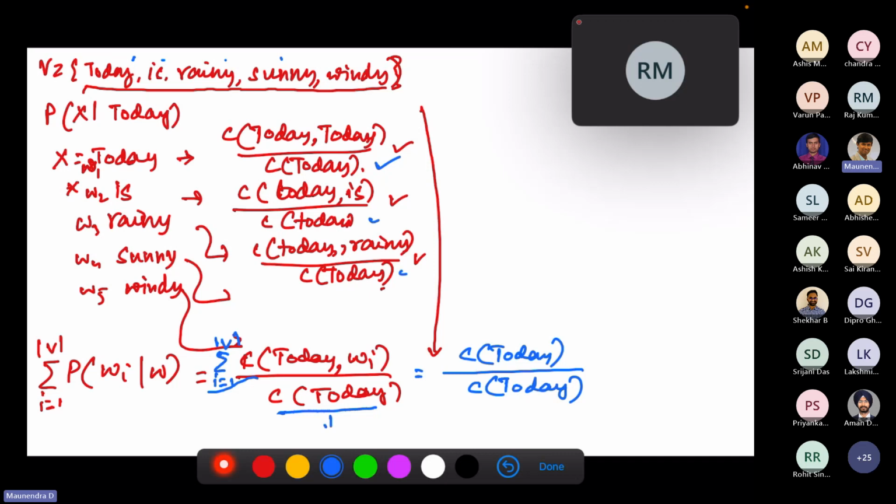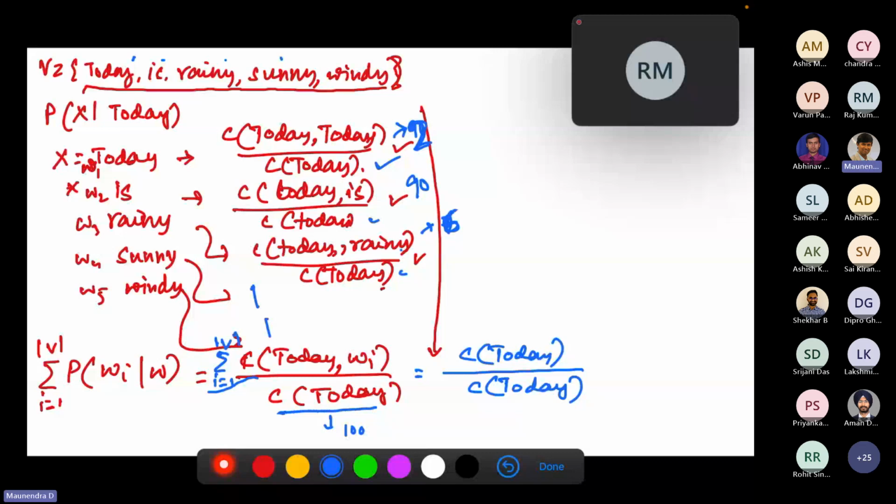So if this appeared in 100 documents, maybe in 2 cases today was followed by today, in say 90 cases today was followed by is, and in 7 cases today was followed by rainy, and windy and sunny. Suppose those counts were 1 and 1. Let me change it to 6. If we add all these up, they become the number of times today appeared in the collection.